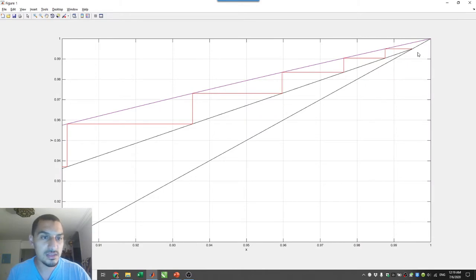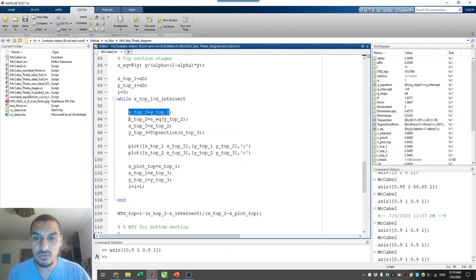When I say this y equals this y, the problem will come here when I calculate x, and this is what we did here. We said x top 2 equals x equilibrium of y top 2, and here comes the problem. This equation has nothing wrong with it. This equation is calculated from the top section equation, which has nothing to do with the equilibrium relation. So the rest of the loop has no problem. We only have the problem here.